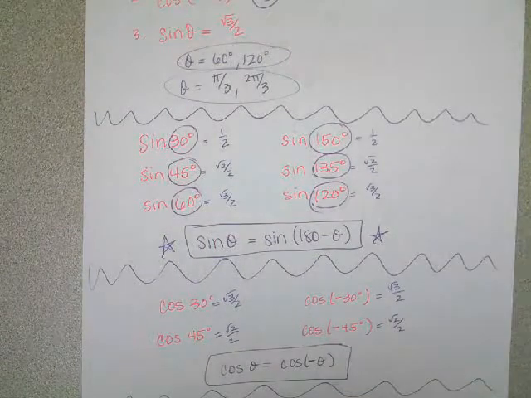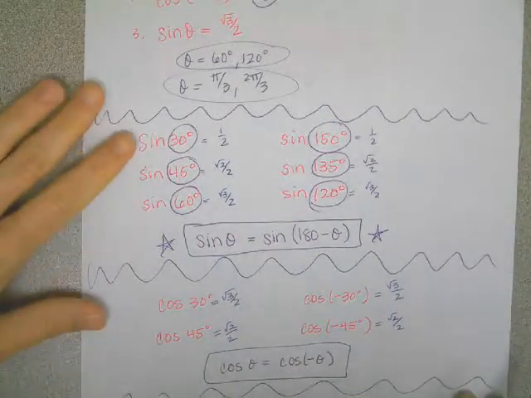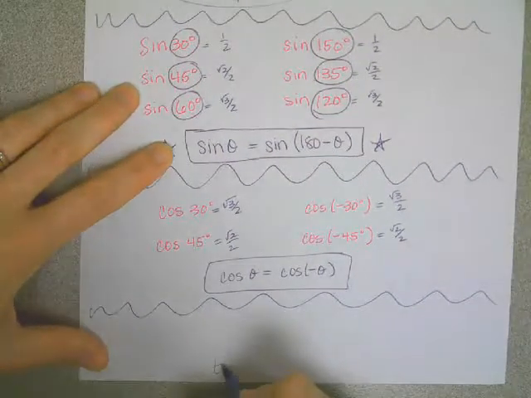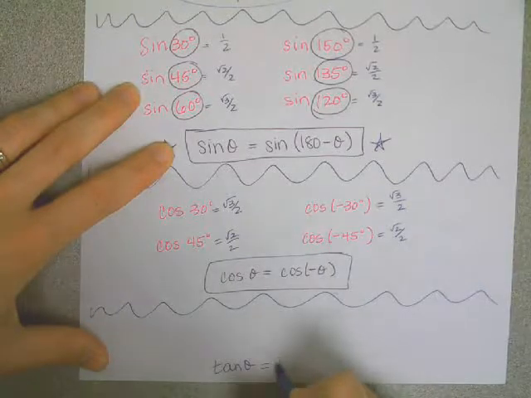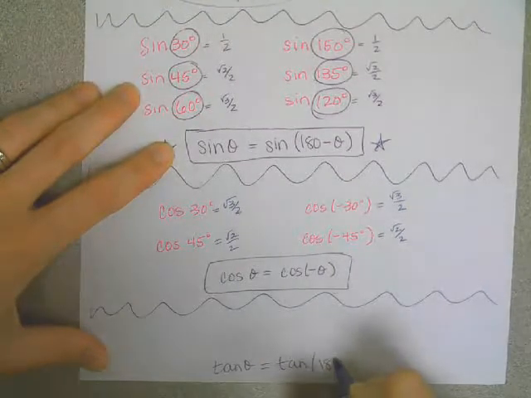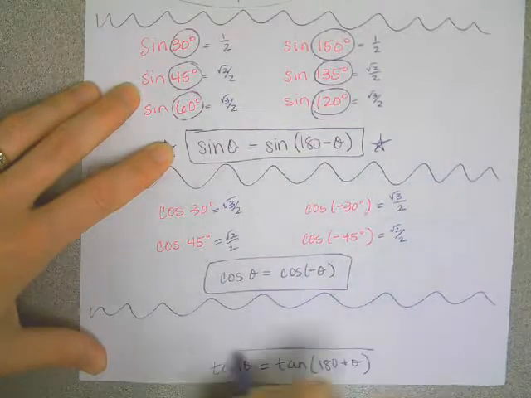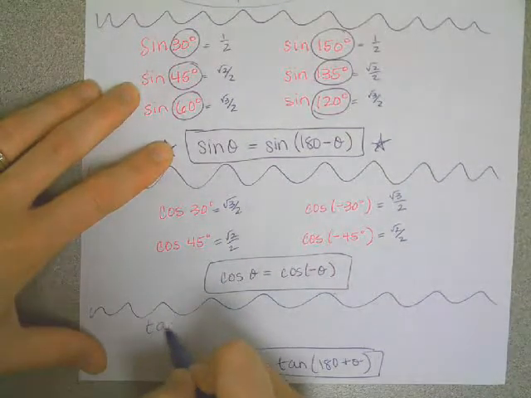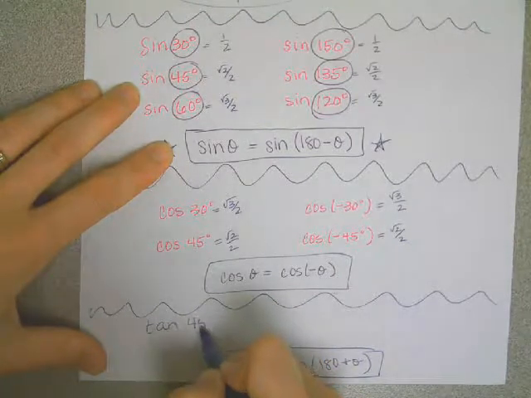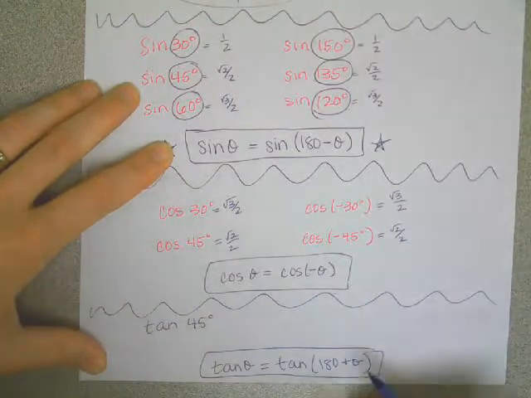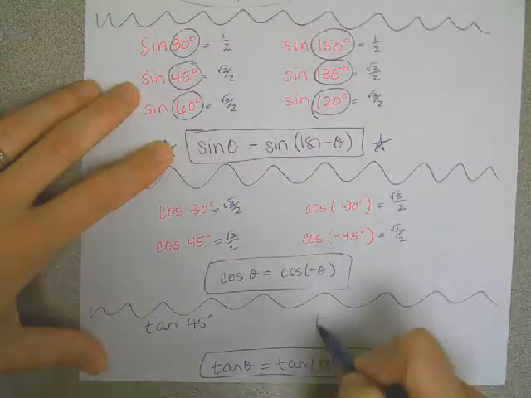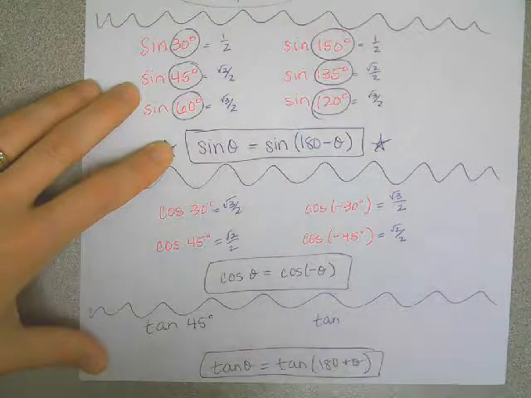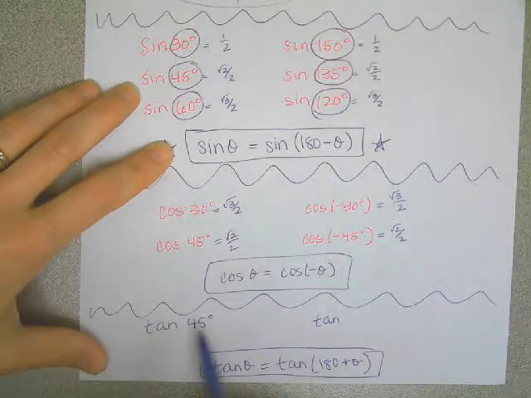There's another pattern with tangent that I don't want you to stress about, but I just want to show you. And it's this. Tangent of theta equals tangent of 180 plus theta. That is a true statement. Just to help you on the unit circle, but I think you guys have already noticed all the patterns. If I were to look at tangent of 45 degrees, and then if I figure out, well, what's 180 plus 45?